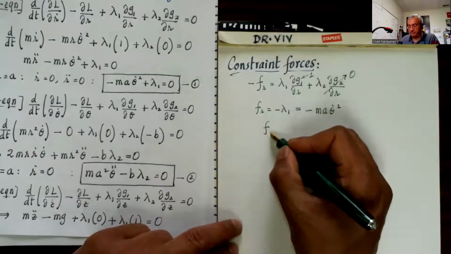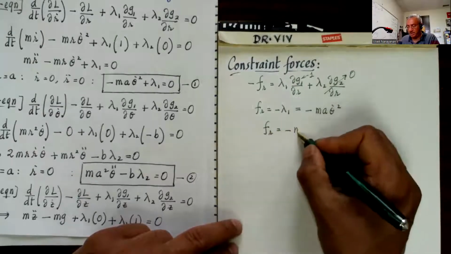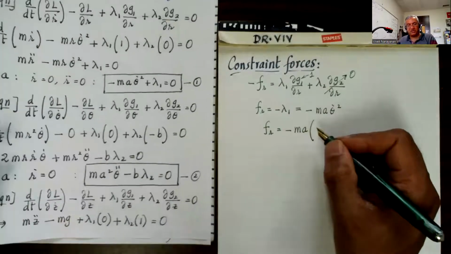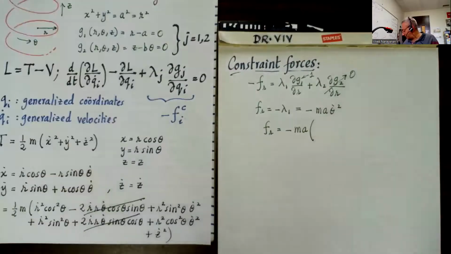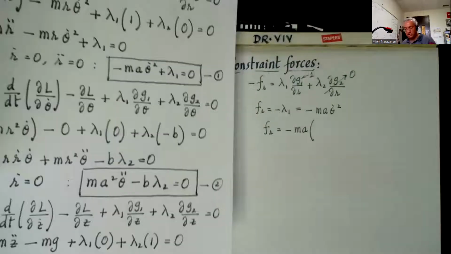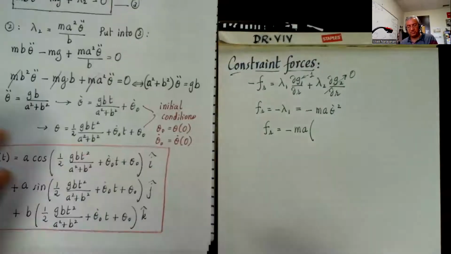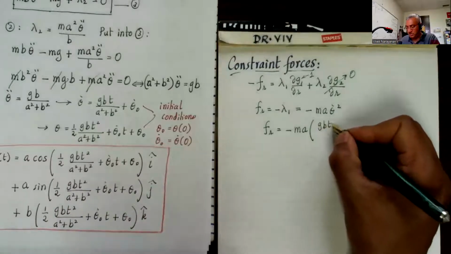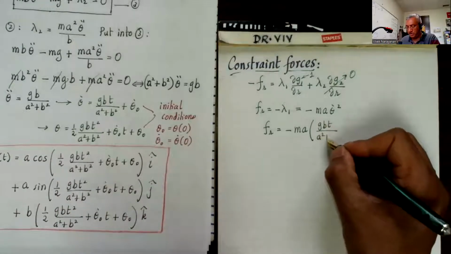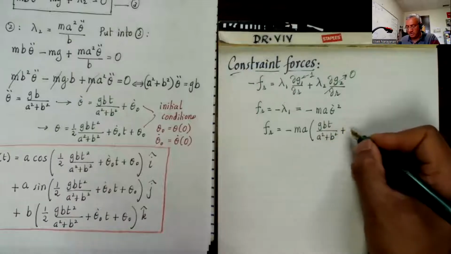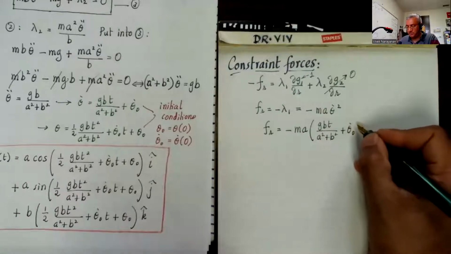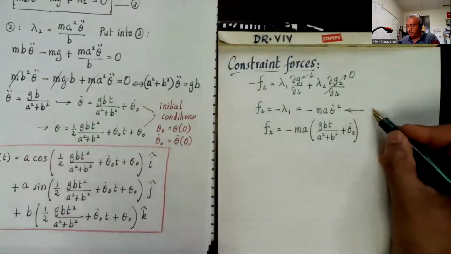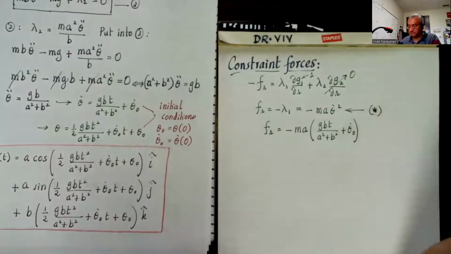So I can write f sub r equals negative ma and copy the result for theta dot from my integration right there. So it's GBT over a squared plus b squared plus theta dot naught. I'm actually going to be more interested in saving this result, so I'll call this result star.